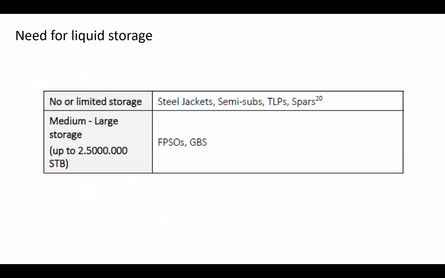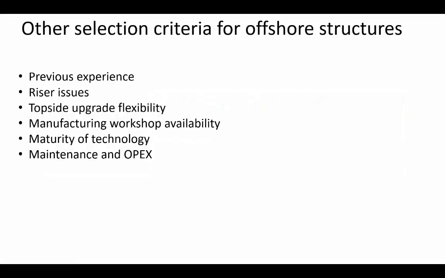FPSOs can have big storage. Gravity-based structures also, though I don't think it's that big, maybe 300,000 to 500,000 barrels. The ones that don't have any storage are jackets, semi-subs, and TLPs. For spars, the only spar that now has storage is the Ostahansin, which has some condensate storage.